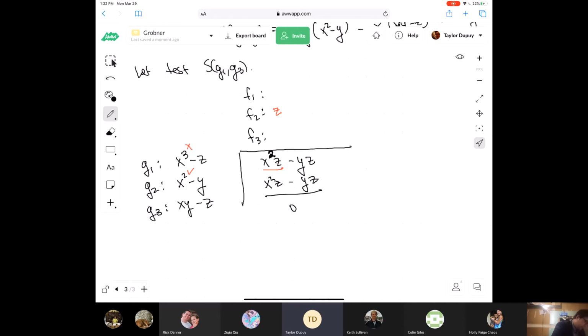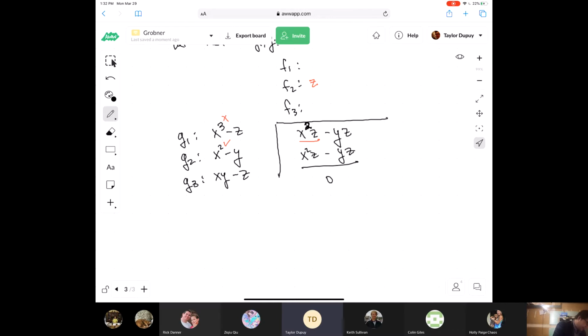So this is 0. This proves that S(G1, G3) with respect to G1 is equal to 0.